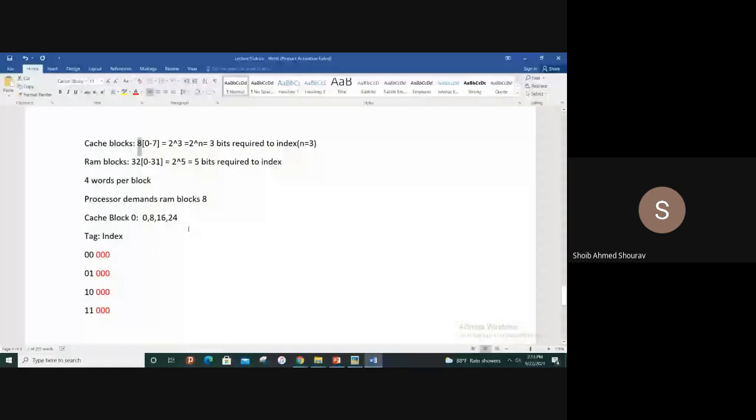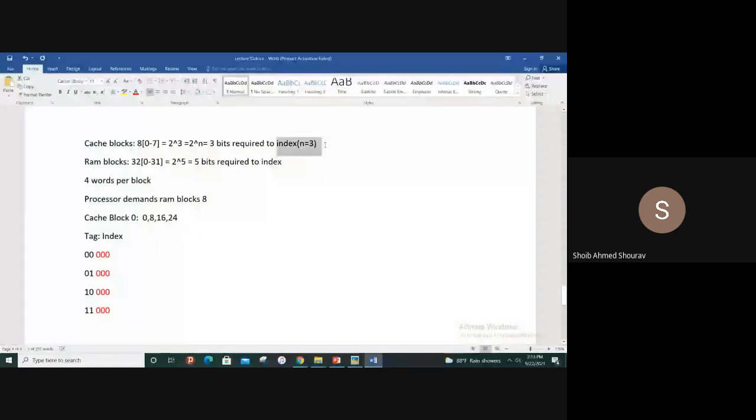If it is 2 to the power n instead of 2 to the power 3, looking at this, can we not say n is equal to 3 in this example? Please respond. Okay, so we know n is equal to 3.